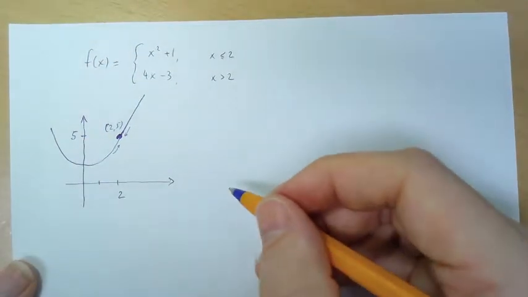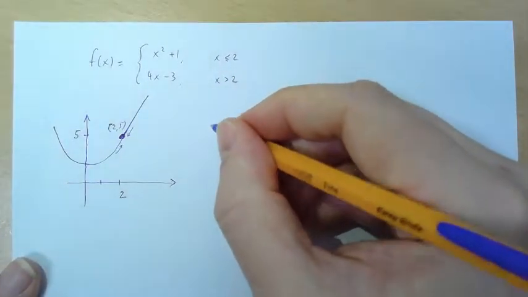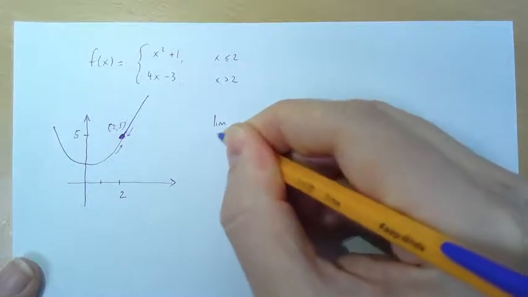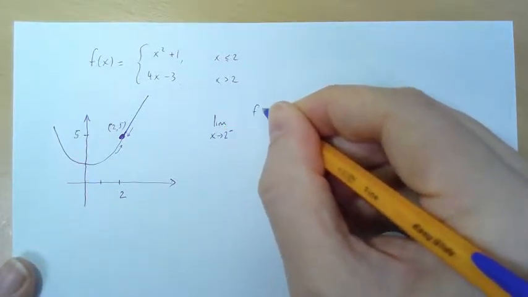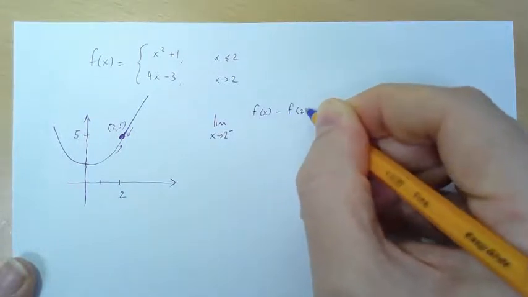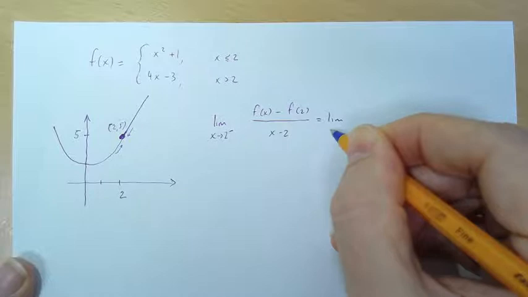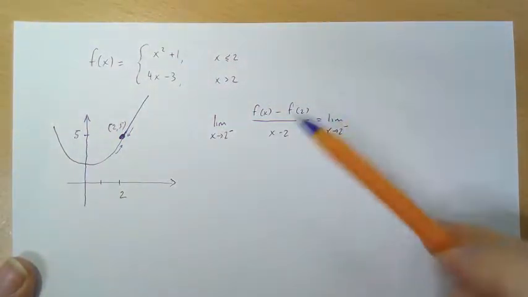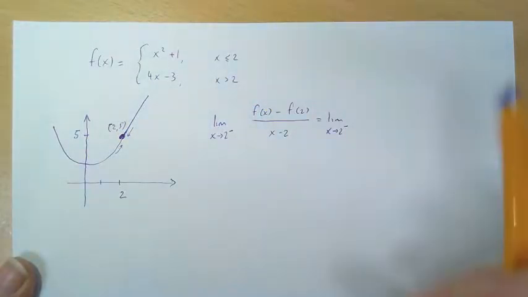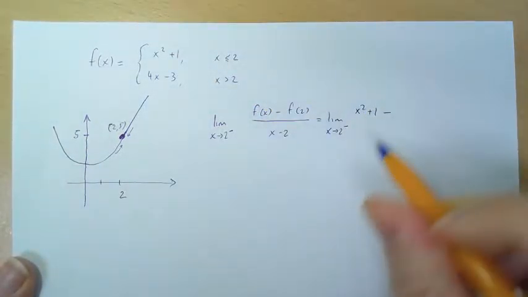So let's see, we're using the same alternate definition for the derivative. The limit as x approaches 2 from the left of (f of x minus f of 2) over (x minus 2). So when we are on the left, we are following this rule, x squared plus 1 minus, what is f of 2?